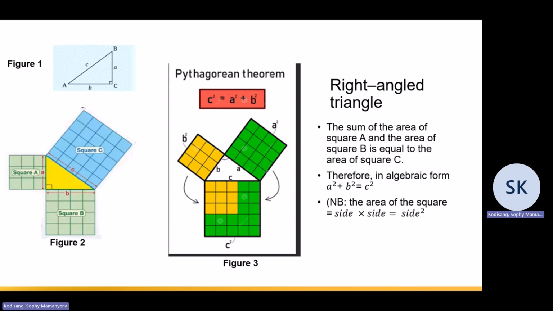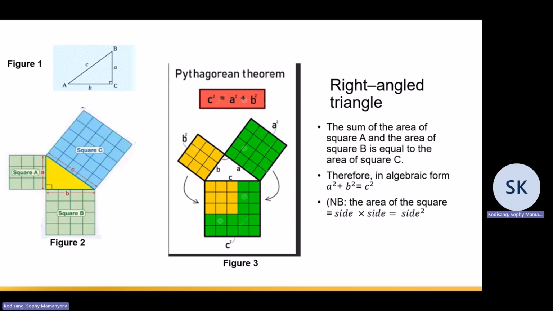Now, the hypotenuse is side C, and the other side is A, and the next side is B. So remember, we said in a triangle we have three sides.